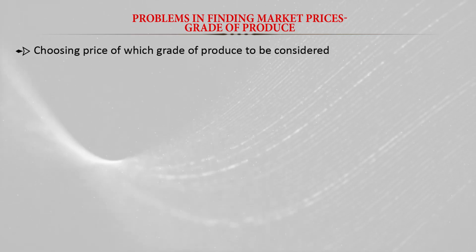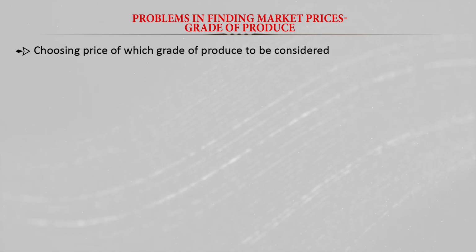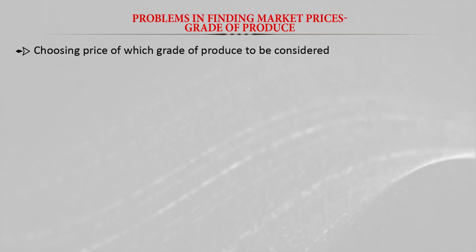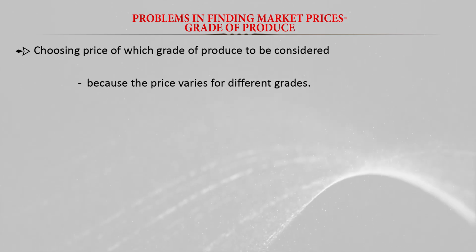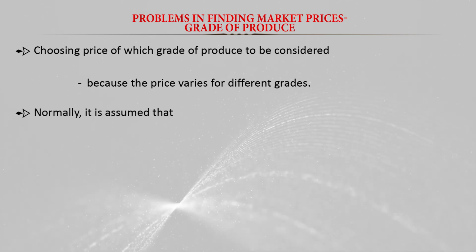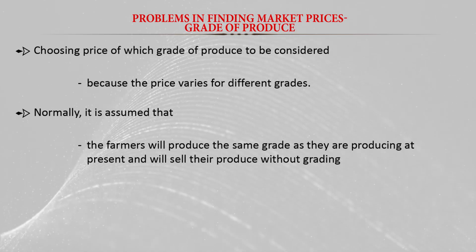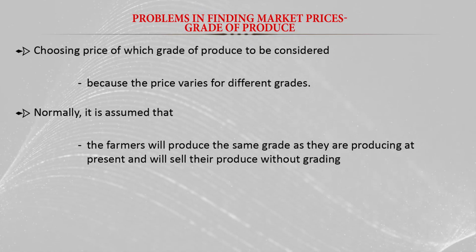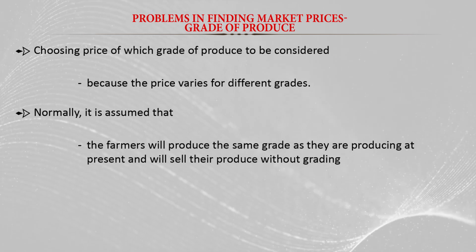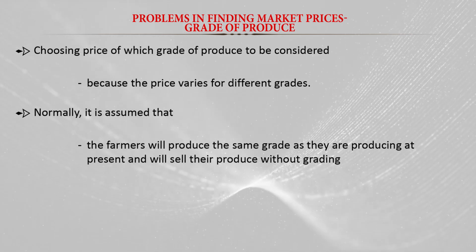There are two varieties of paddy available. So which grade should we use in the analysis? The prices of the different grades differ, but normally it is assumed that the farmers will produce the same grade they are producing at present and will sell their produce without grading. Generally, selling without grading is what we find in the agricultural market.